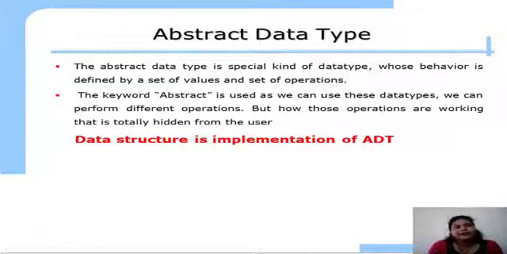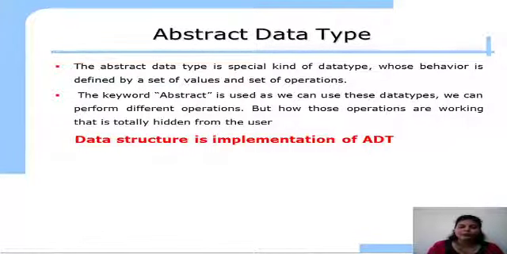Take a real-time example to understand the ADT. If you want to build a building, what do you do? First, you make a building diagram, and through that diagram you make the final building. So you always make a prototype model, a small model of the final output. The building is your final output.